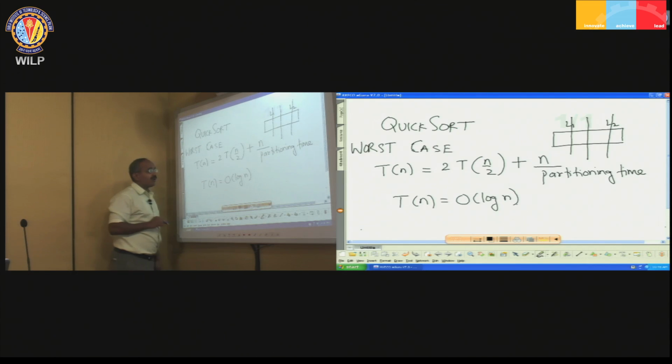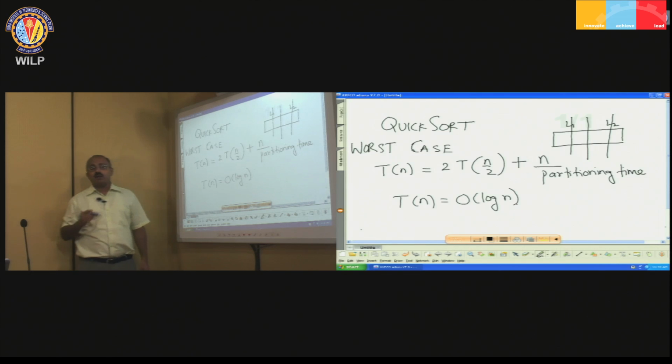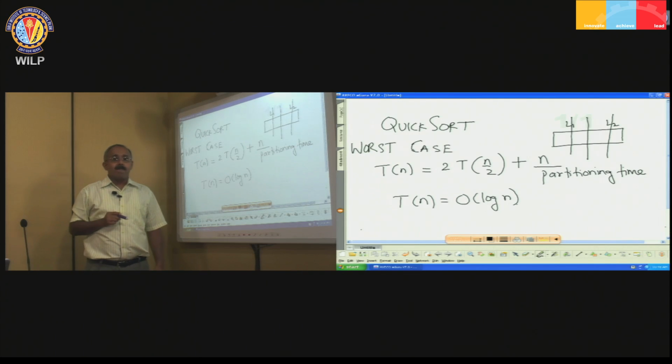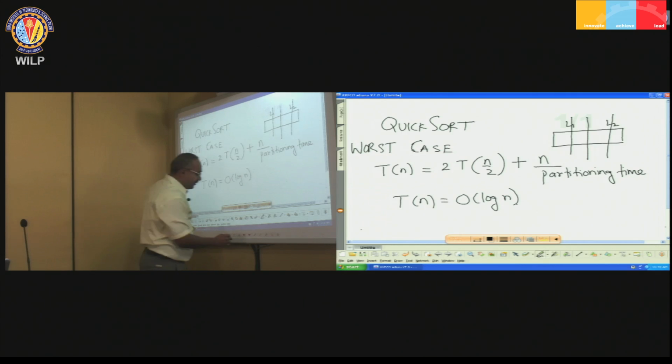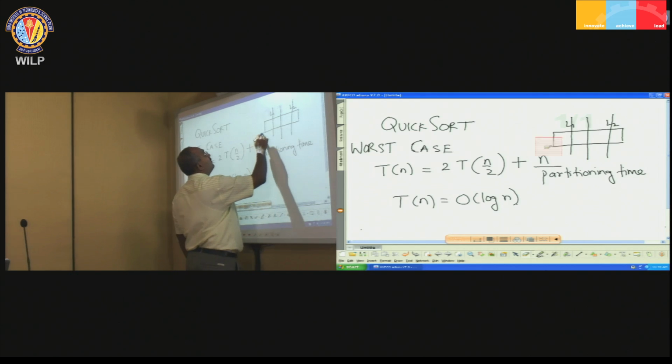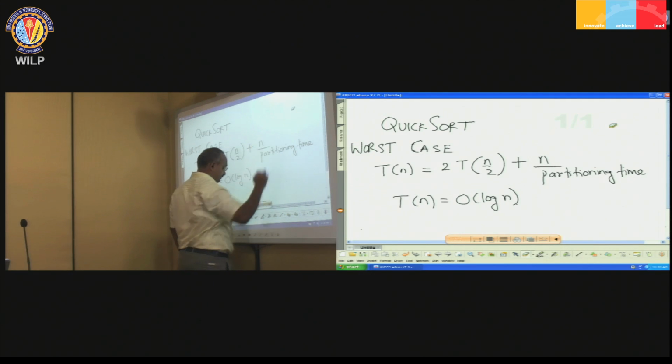The worst case is going to happen whenever your partition is skewed, that means you get a partition in which one part has n minus 1 elements and the other part has only one element. That will happen if your sequence is already increasing or decreasing, right.